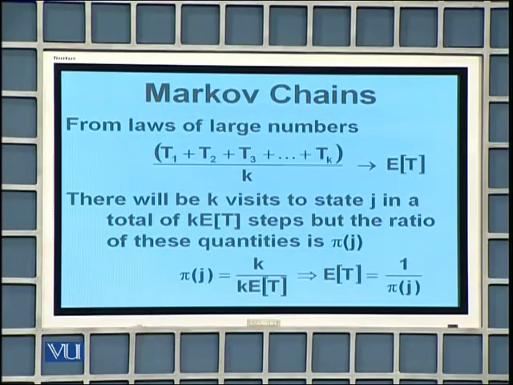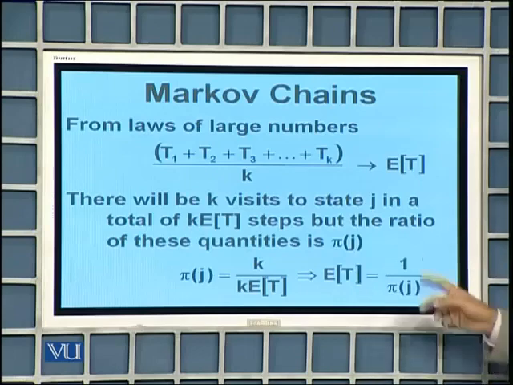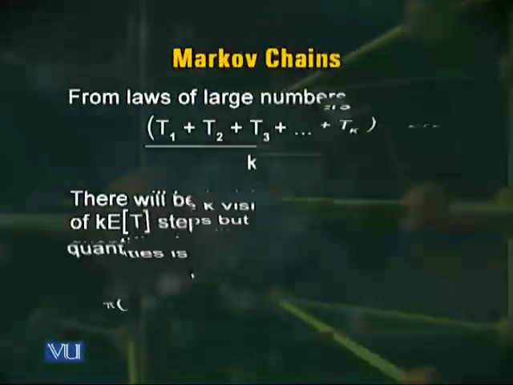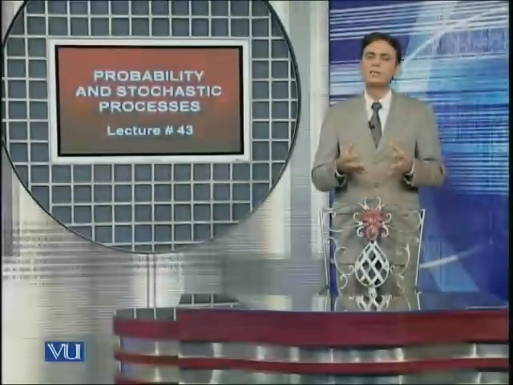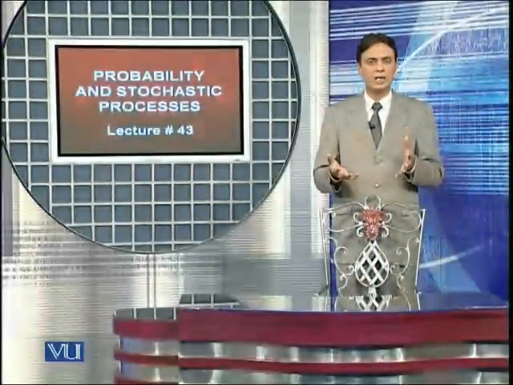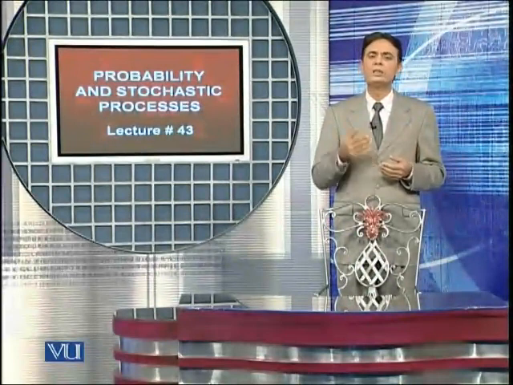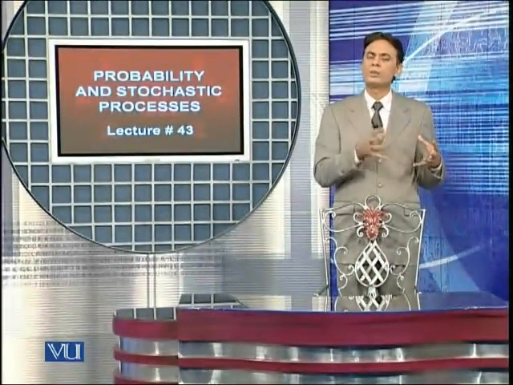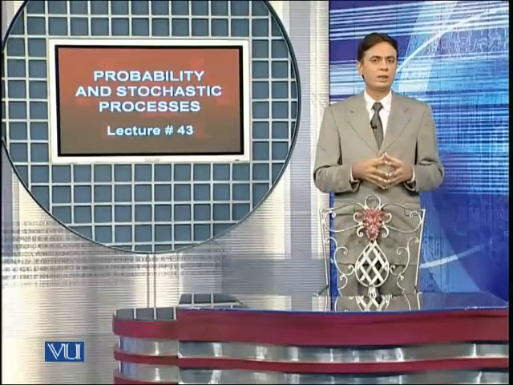So for a recurrent state j, the expected value of return time to that state j is 1 over the stationary probability value for that state. So this expression of expected value of return times associated with a certain recurrent state is the reciprocal of the stationary probability value associated with that state.